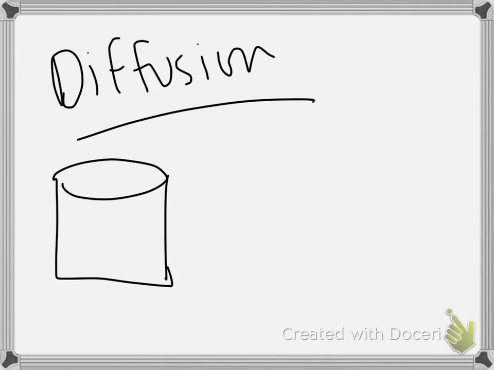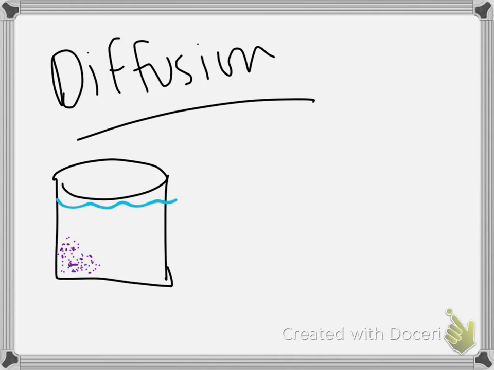So I have a beaker full of water. In it, I have a few particles all over here in the corner. What's going to happen? Well, those particles are going to spread out, aren't they?